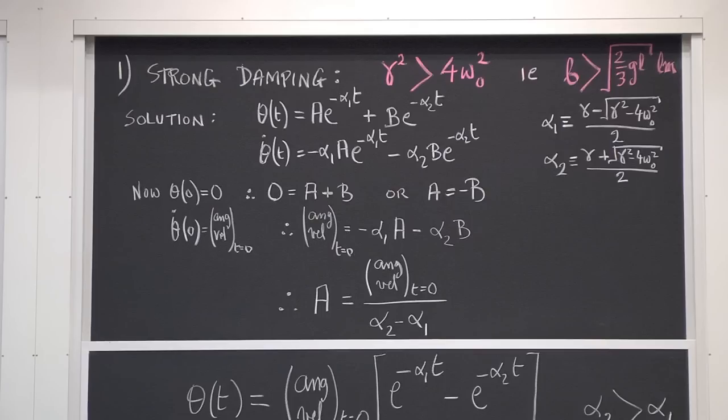In other words, for this case, we have not found an equation which satisfies our equation of motion with these boundary conditions. So we've got to try again. And there is an equation that does, and I've written it here.